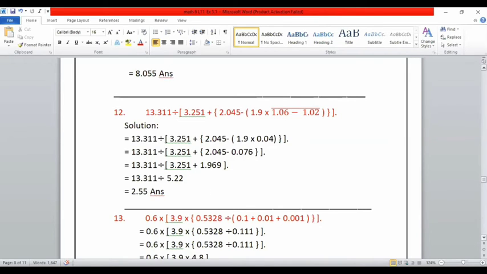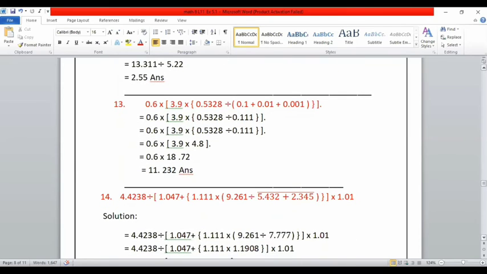Now, dear student, in this 13 sum, we have 0.6 multiplied by the large bracket 3.9 multiplied by the curly bracket, similar to this value. These all values will be added and we will get 0.111 here.